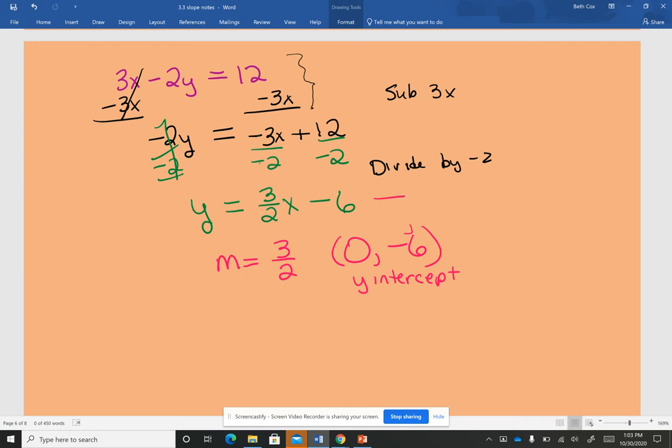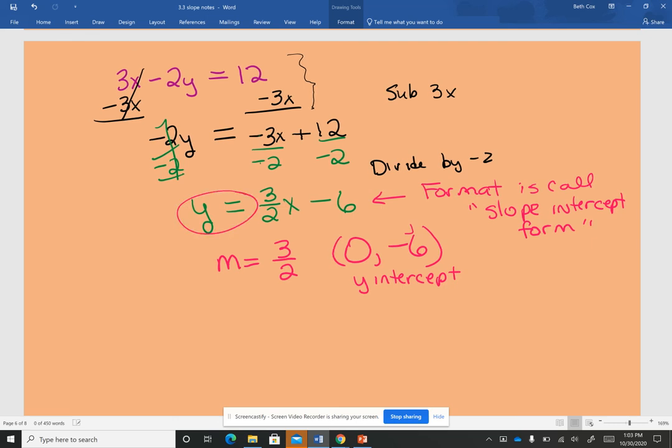So that's why this format is called Slope-Intercept Form. That's what it's called. And it's where it says y equals. Okay? So finding the slope inside of an equation, it needs to say y equals. Once it says y equals, it should be the number, the coefficient of x.